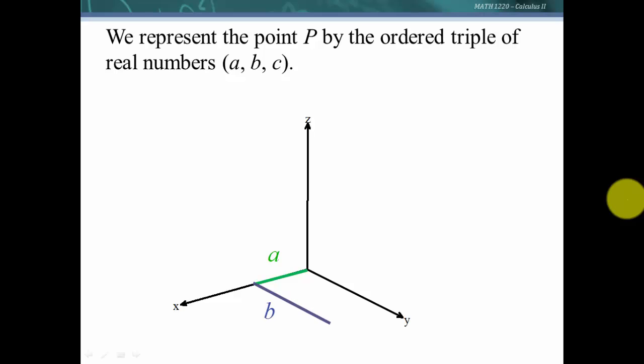So we come along parallel to that by b, and then we would move parallel to the z-axis from there to plot our c. So here is our point (a, b, c). So it's often useful too, as you move along parallel, or sometimes make a little dashed line to see where we are as we go to plot this point.